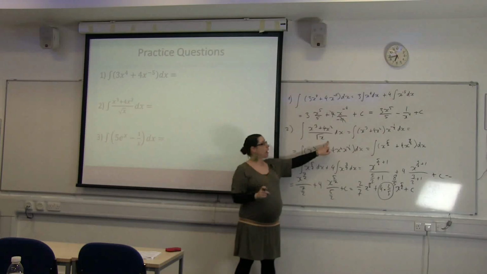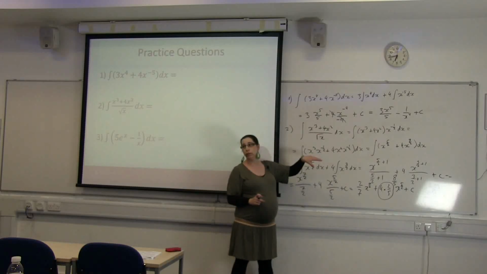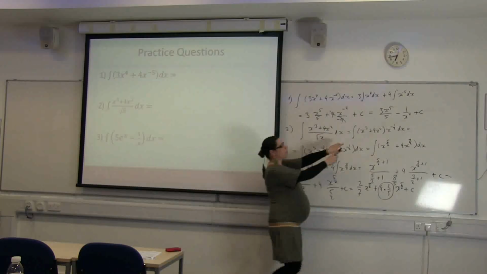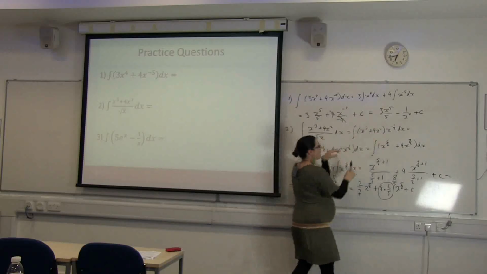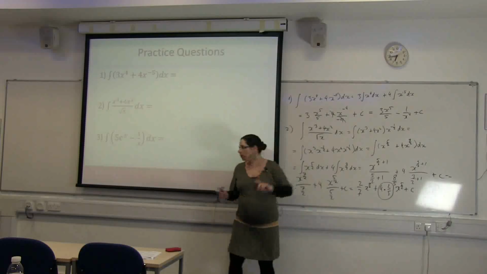That way I would end up with exactly the same answer. So I would be able to avoid this extra step here, but I would still have to do 2 steps.